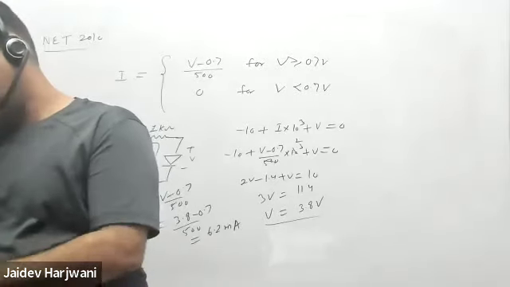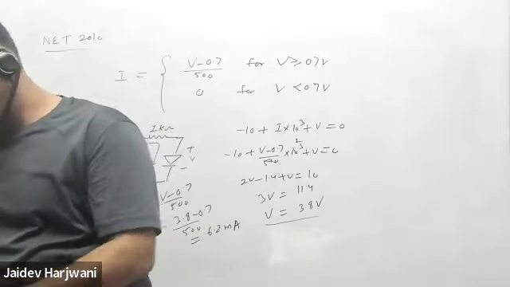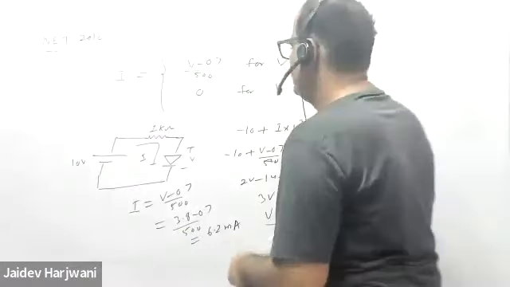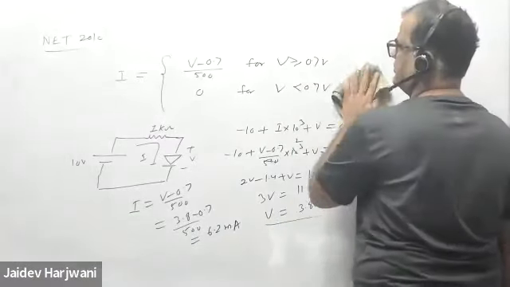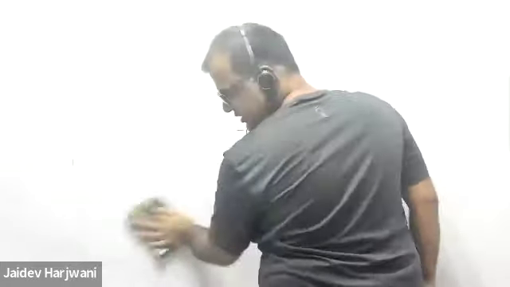So you can see exam questions on diodes are very simple. Let me do a similar kind of question, one more. This also came in an exam, GATE I think.